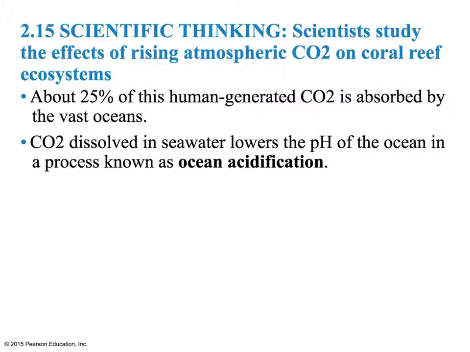The carbon dioxide, CO2, dissolved in the seawater is going to lower the pH of the ocean in a process called ocean acidification. So anytime you're going below 7, you're going to have an acid. Okay, so this makes sense. If the pH is going to be lowering, then that's going to be acidification.